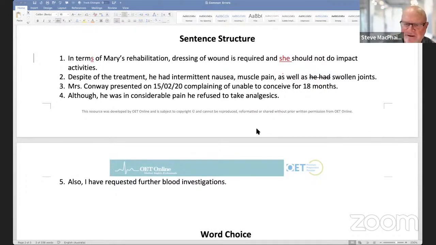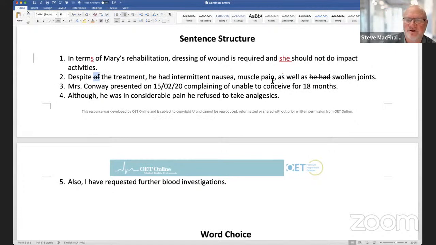Yes, "despite." Thank you, Rashika. So we can't say "despite of," "despite the treatment." We can say "in spite of," but "despite the treatment," despite plus noun, or despite plus gerund, which is the -ing: despite having treatment, despite undergoing treatment, right?